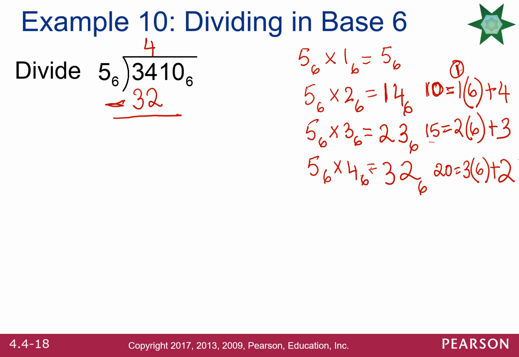So now 4 minus 2. Now again, this subtraction has to be in base 6. So you have to recall the rules of subtraction in different bases. So 4 minus 2 is 2. If the number above is greater than the number below, it's easy, simple.